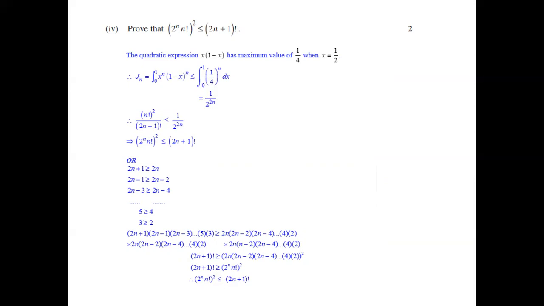And as you can see, we can show that by inserting the terms in between that are missing, which are 2n, 2n minus 2, 2n minus 4, and so on. Then on the left-hand side there'll be (2n+1)! greater than or equal to, and on the right-hand side we have 2 to the n times n factorial, squared. So this one is using the pattern.